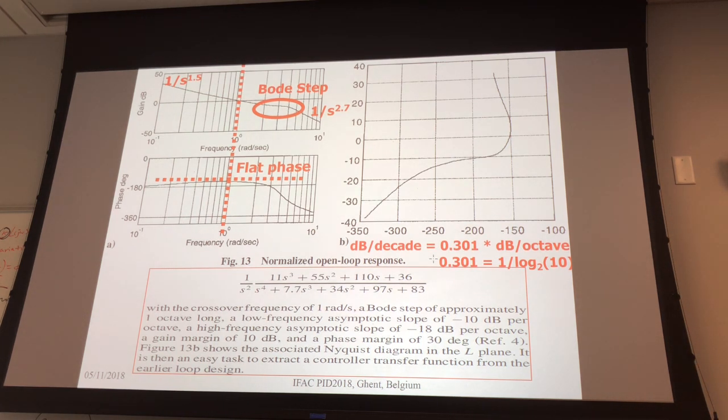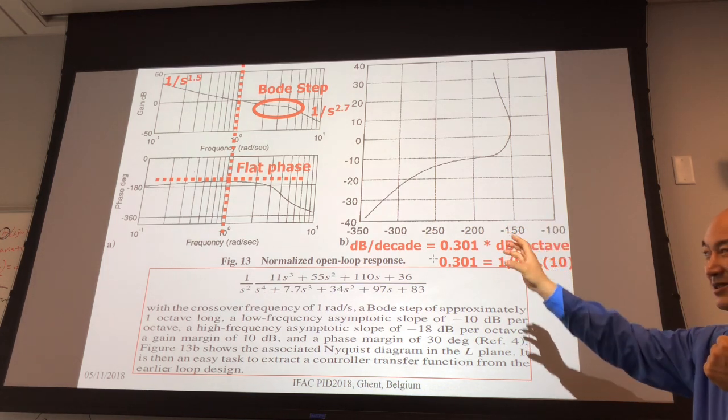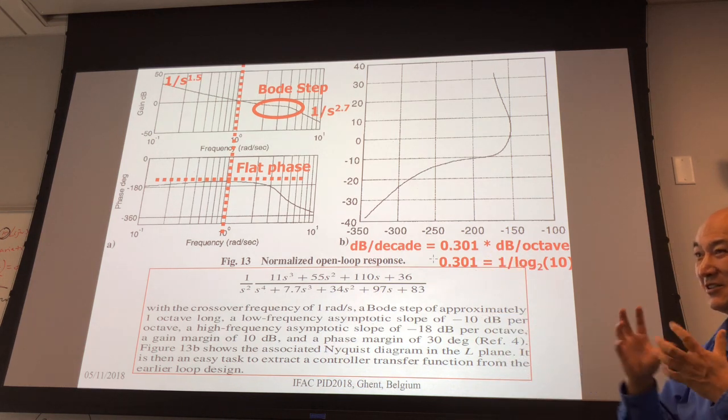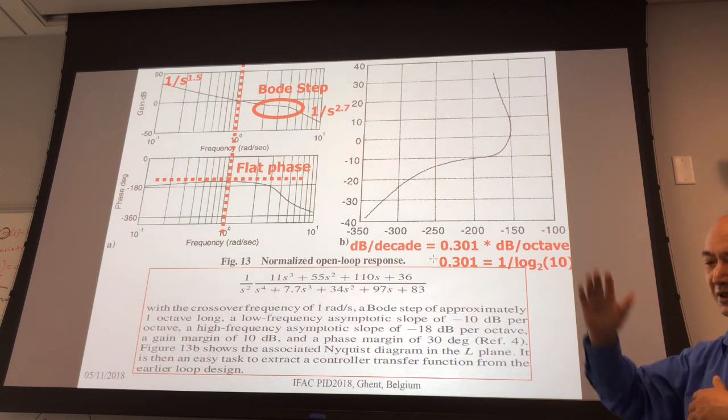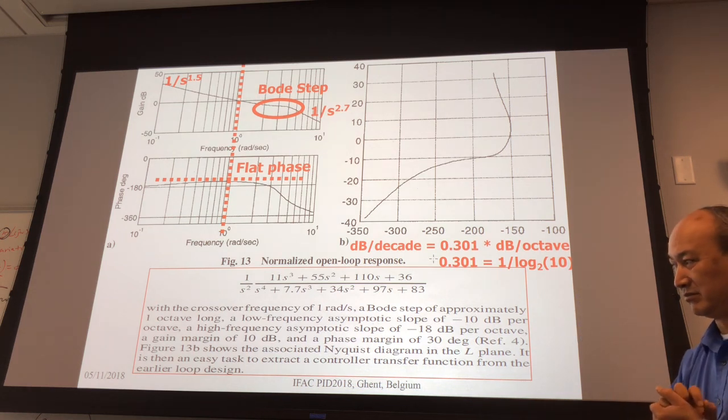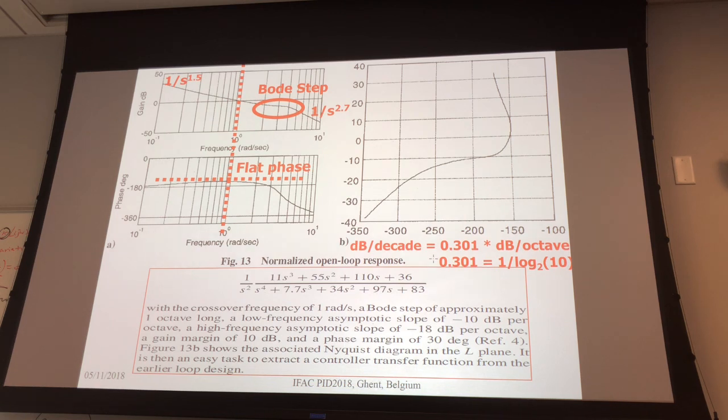So I think in summary, I have introduced this connection to the robust control problem, talking about magnitude step and phase step and the flat phase concept, robustness with respect to gain variation. So that's this Nyquist plot.